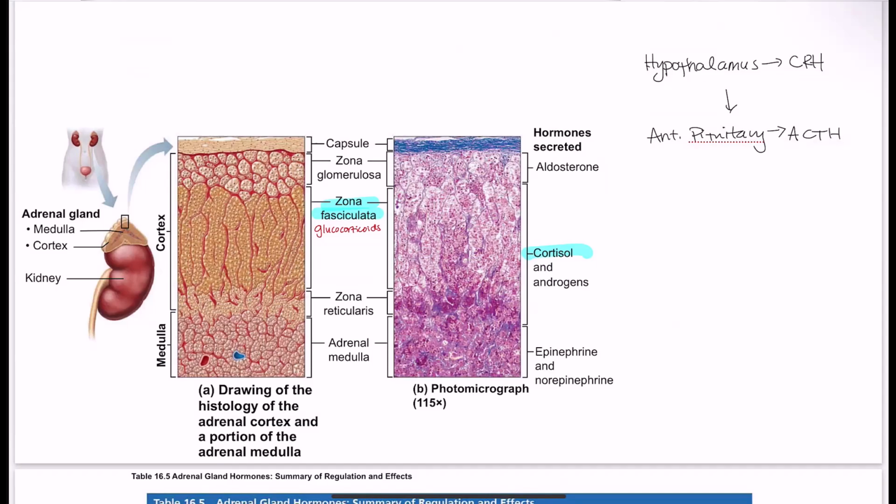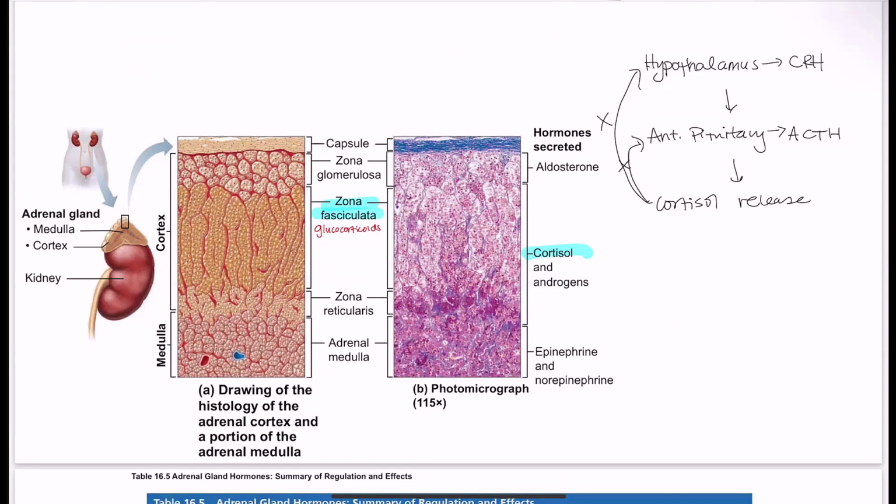And both of those things will lead to then cortisol being released. But once cortisol is released, the cortisol acts on the hypothalamus and on the anterior pituitary gland to say, no, stop. So when cortisol levels rise, CRH and ACTH, they're not really being released. Thus, we're stopping cortisol production and release.